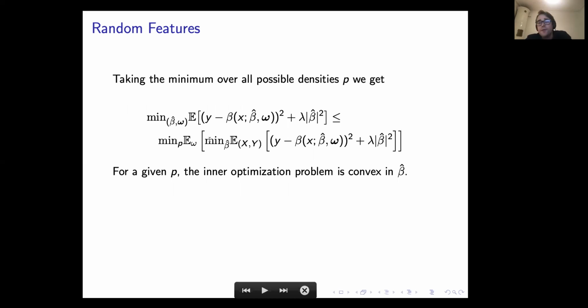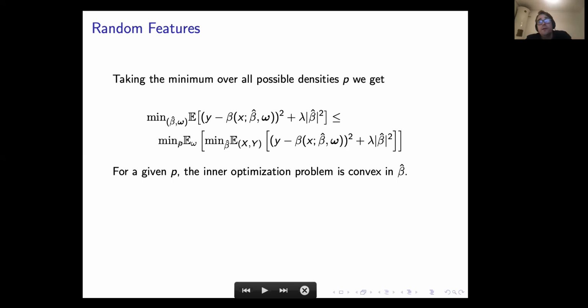Let's just take a second here to look at the inner minimization problem. So we've gone from this minimization problem to a two-stage minimization problem, where for a fixed p, we're just solving the inner problem here. Now, as you remember, this problem is convex in beta.